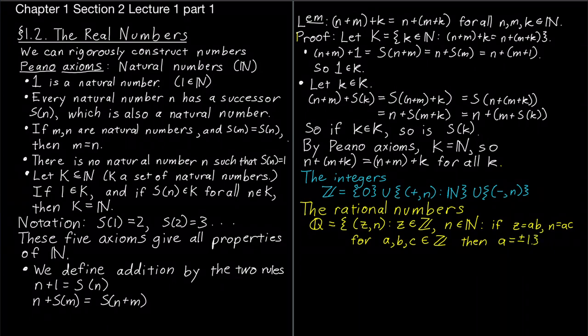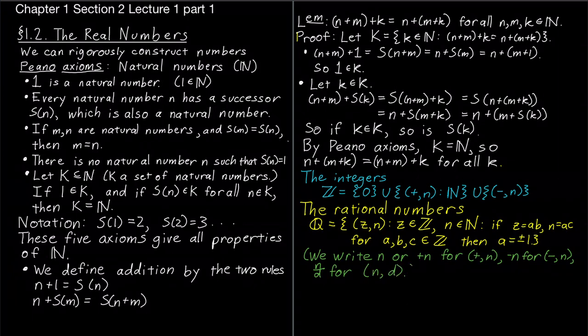And then you can go back to your usual notation, where the ordered pair plus n we just write as n or plus n, the ordered pair minus n we write as minus n, and the ordered pair n, d, or z, n we write as n over d or z over n.